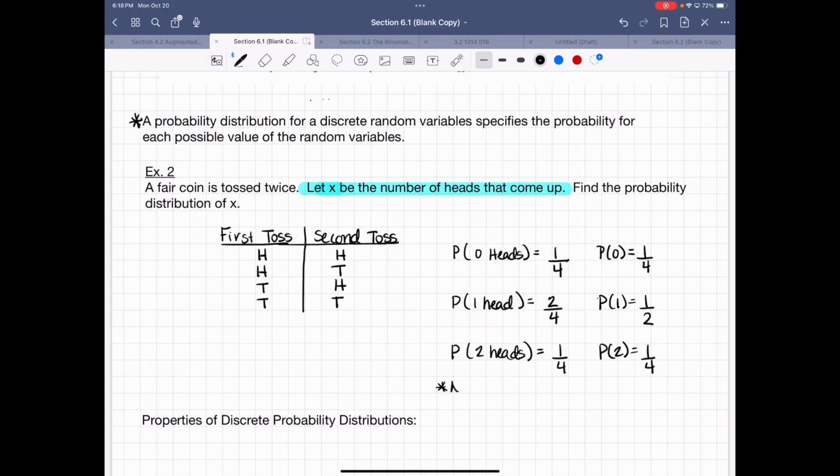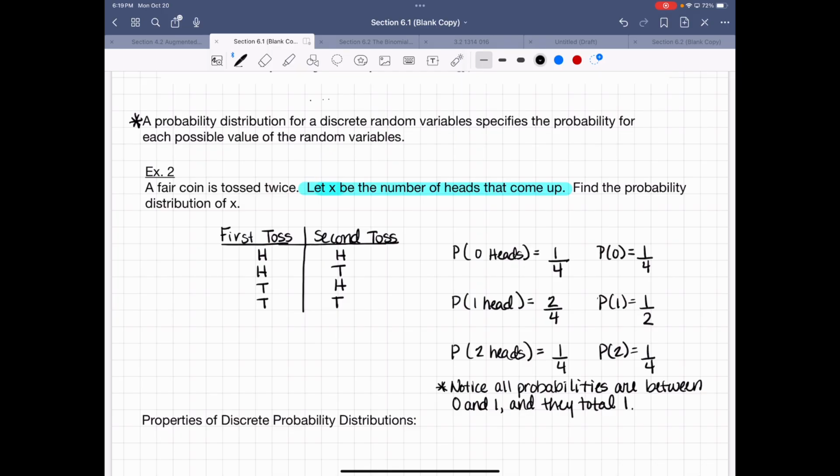We're going to say notice all probabilities are between 0 and 1, there's actually 2 things to notice here, and they total 1.